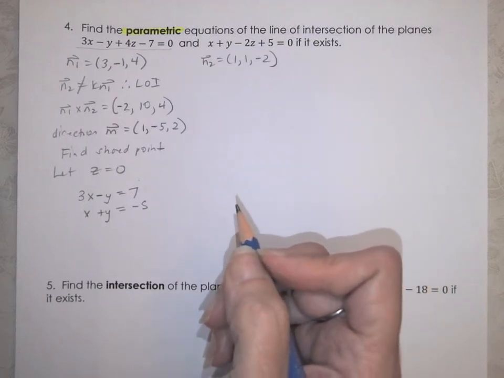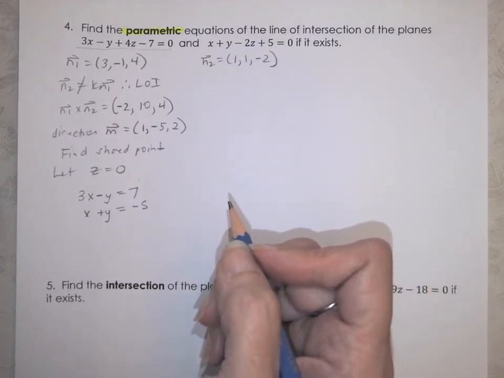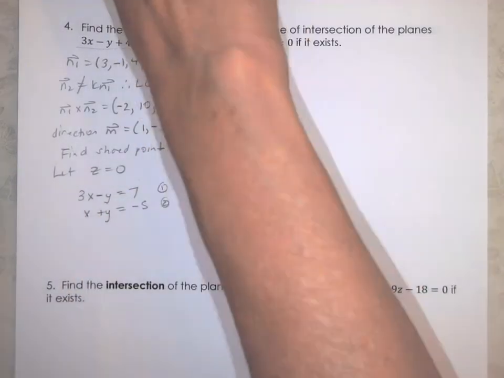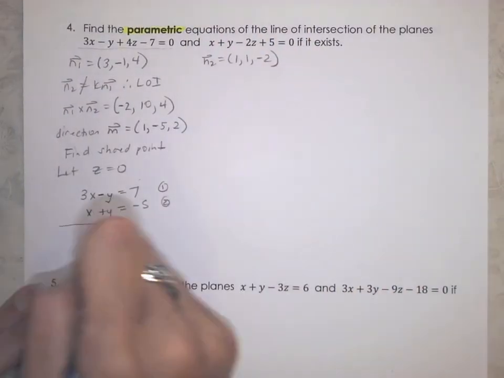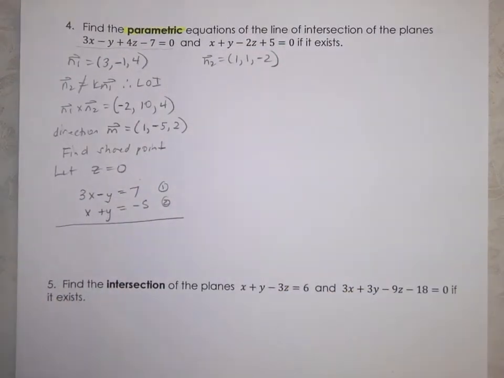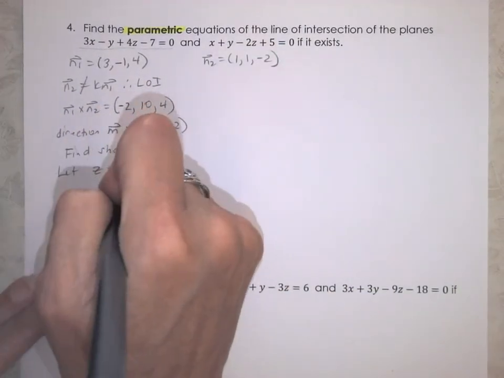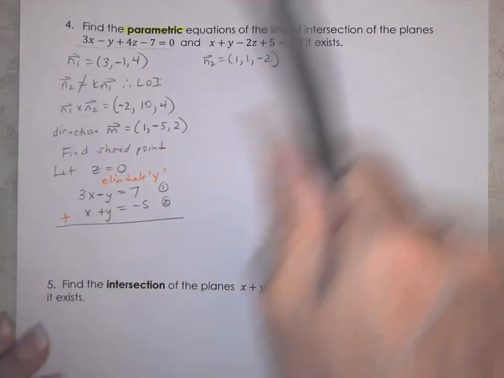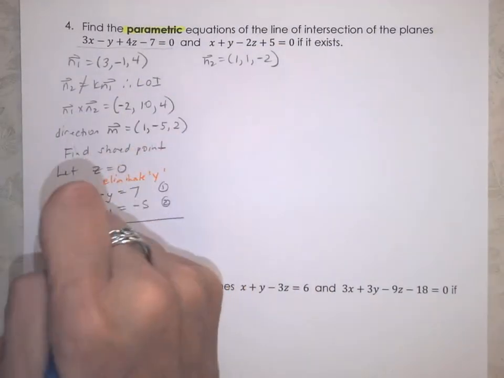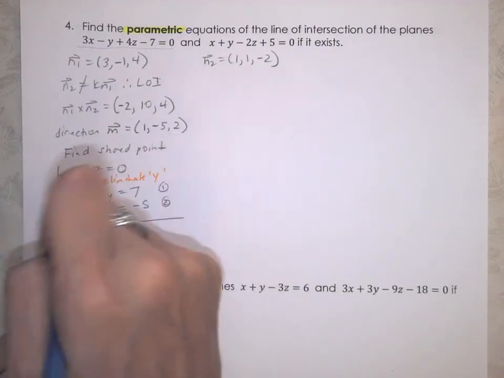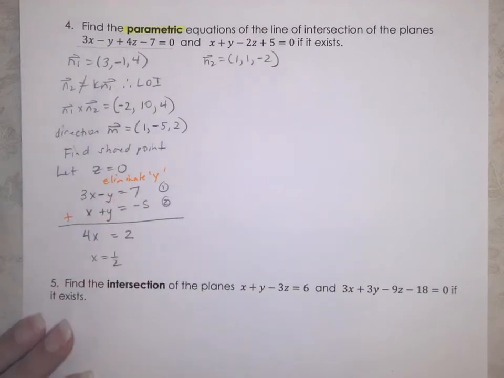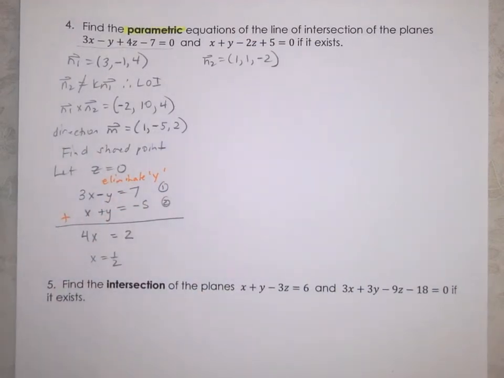And I can see just by adding, I'm going to eliminate the y's. So if I add these equations together, because I have -y and +y, I'm going to eliminate y. So that's going to give me 4x equals 7 plus negative 5 is 2. So x is a half, which isn't horrible, but it's not awesome either, but we'll go with it.